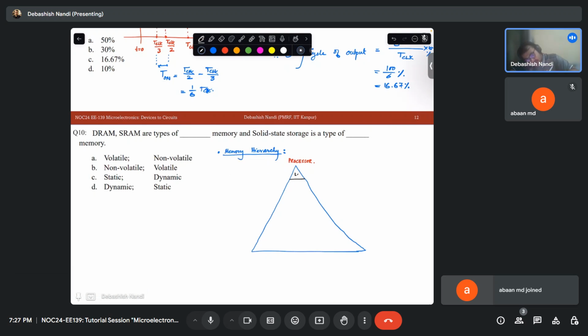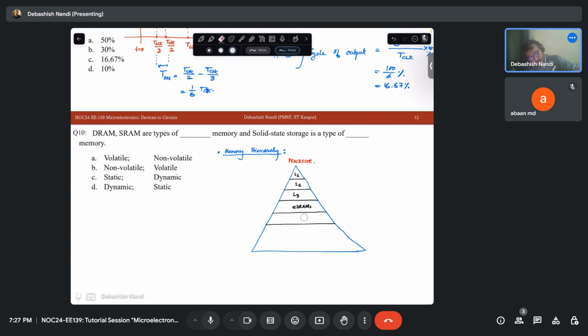So let's say this is your L1, then this is your L2, then this is your L3, then you have EDRAMs, then you have your DRAMs, or let's say main memory.